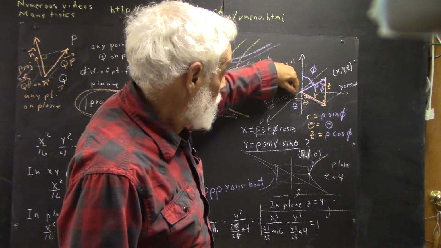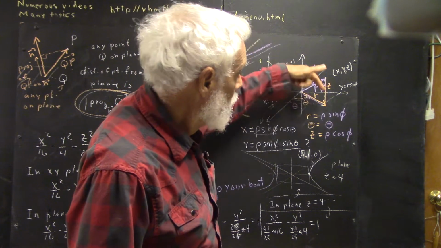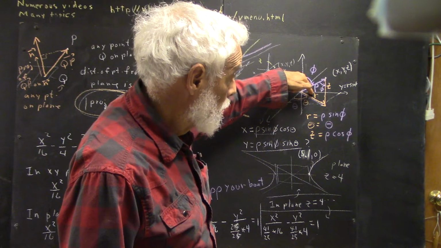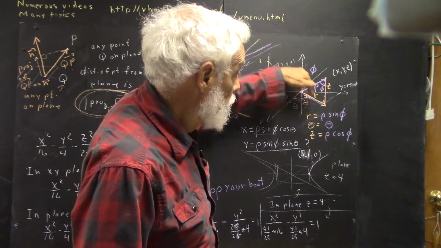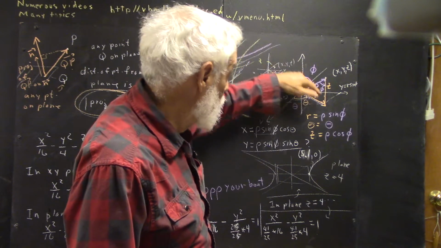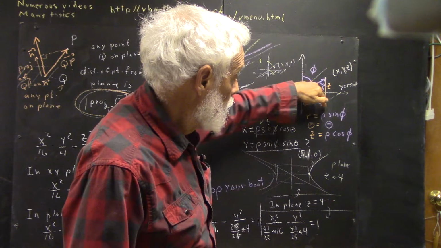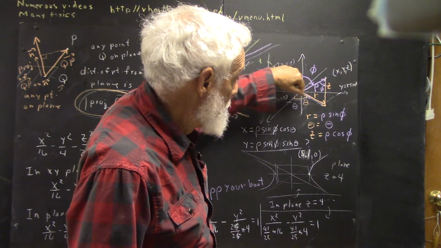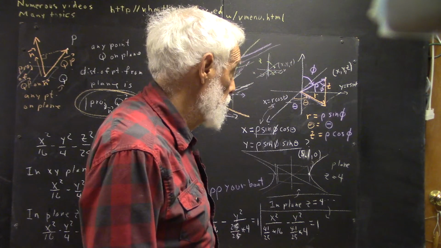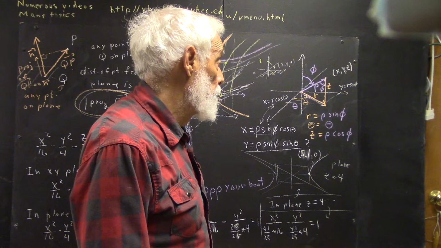If we project this point down here, we get this vector. We don't have to really worry about r because that's not one of our spherical coordinates, it's one of our cylindrical coordinates. But we still have this projection and this vector, and then we measure the angle theta down here in the xy plane, and that will be one of our spherical coordinates.